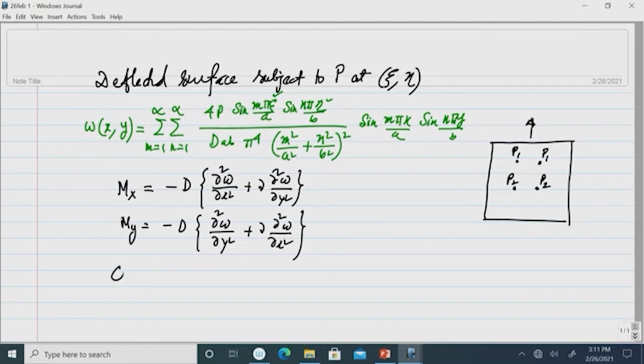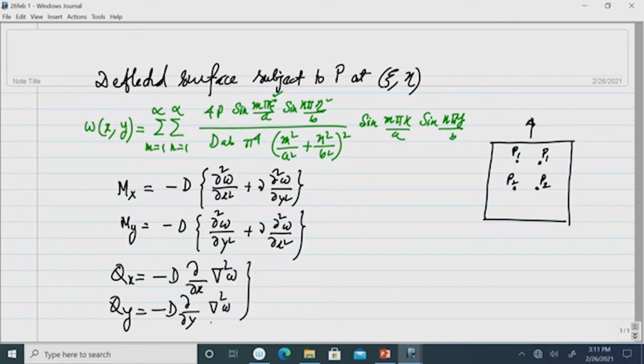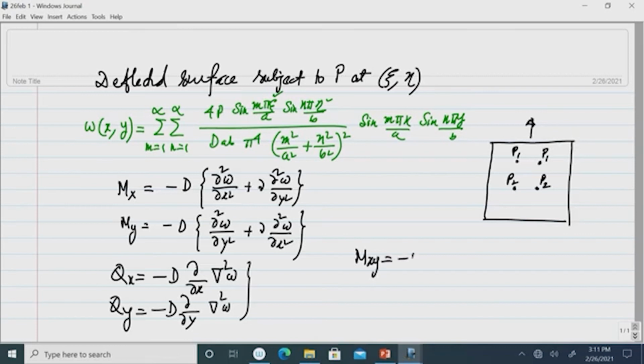Then the shear force q x will be minus D, and q y minus D. So, all the stress resultants are found out after finding the deflection. Deflection is the basic quantity from where we can differentiate and find the quantities of interest, the bending moment, and even the twisting moment. Twisting moment is equal to minus D times 1 minus nu times the cross derivative, that is, the twist curvature will come into the picture.